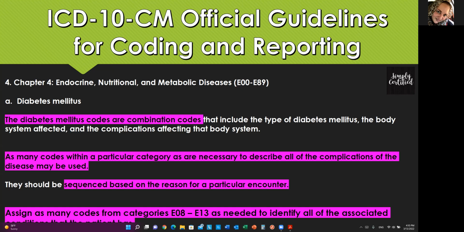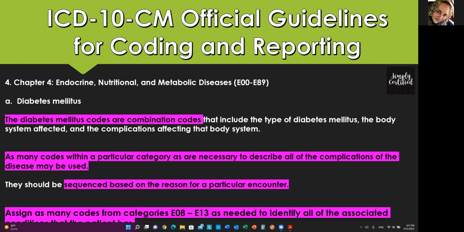The next thing I have highlighted here is sequenced based on the reason for a particular encounter. They should be sequenced based on the reason for a particular encounter. An example here is a patient may have come in for that hyperglycemia, and that's what they're coming in for.